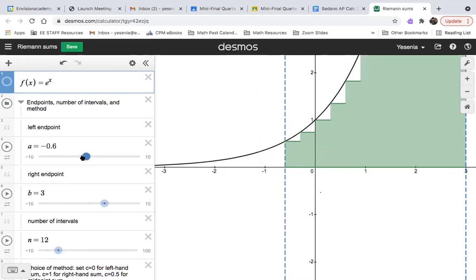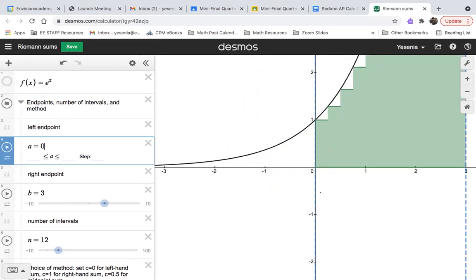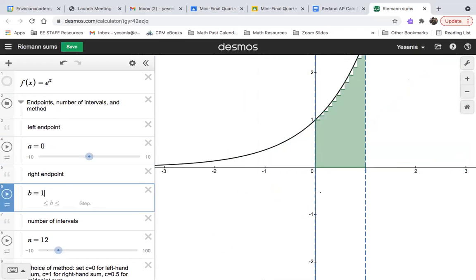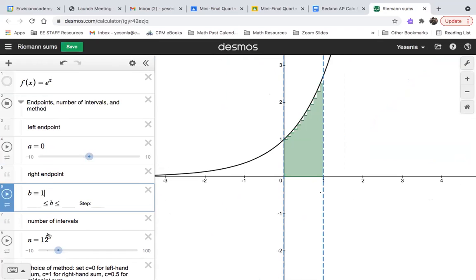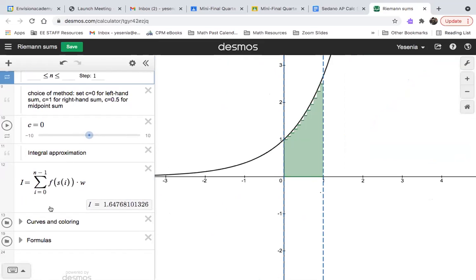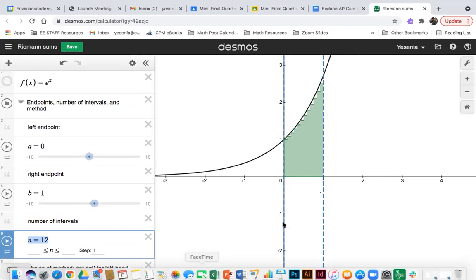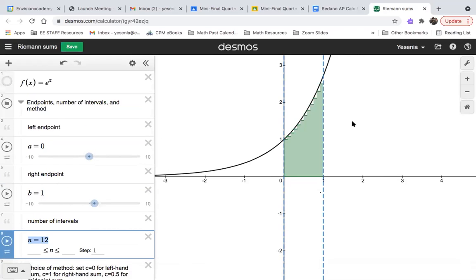So if we want to start at 0, and I think our B was 1. And then down here, I think N is 12, the amount of rectangles you want. Not only that, but even down here, it gives you the Riemann estimation of the area. So there is a tool you could use if you want to use Riemann sums for this.